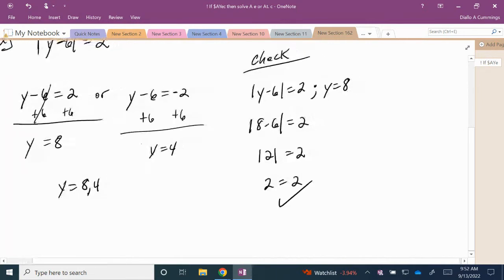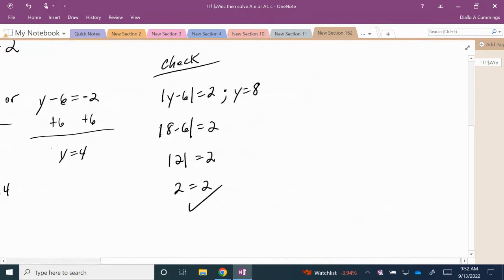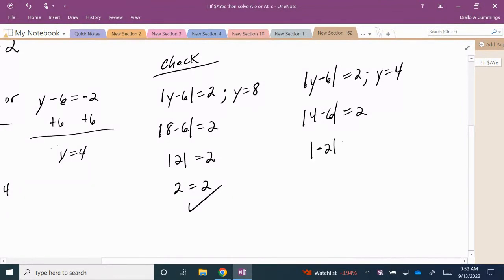We can also check 4. The absolute value of y minus 6 is equal to 2. We're going to substitute y for 4. So we have the absolute value of 4 minus 6 is equal to 2. 4 minus 6 is negative 2.